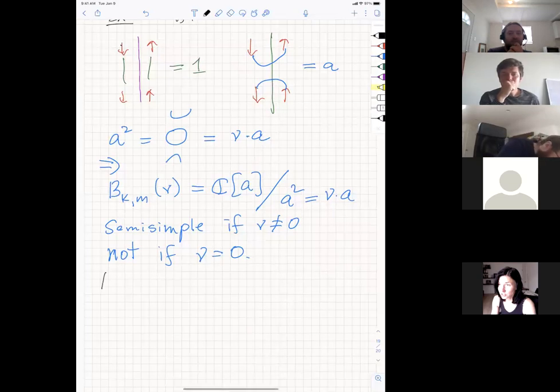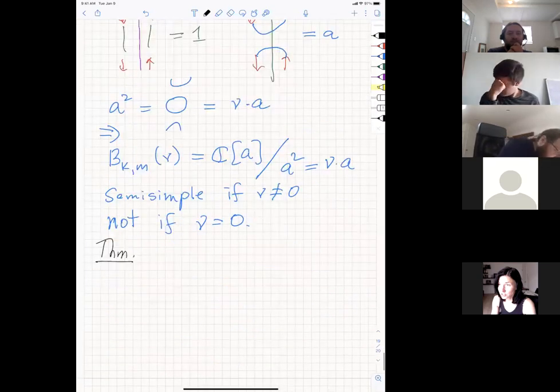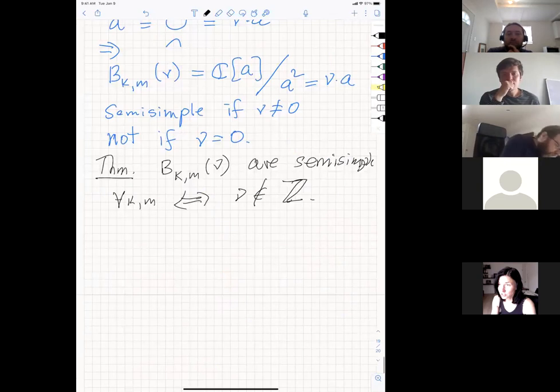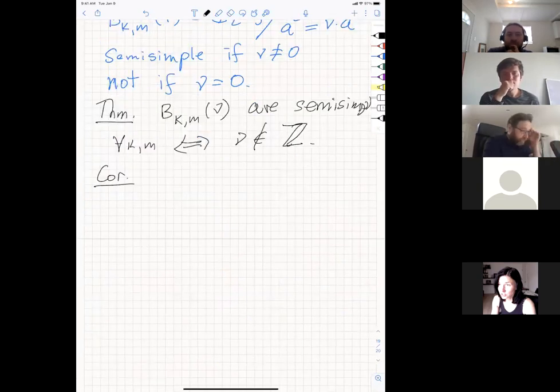And there is a general theorem, which is much more non-trivial, but can be proved and is known, that B K M of nu are semi-simple for all K and M if and only if nu does not belong to Z. And the corollary of this is that, since it's a semi-simple algebra, if the endomorphism algebra is semi-simple, then the object K M decomposes into a direct sum of irreducibles.